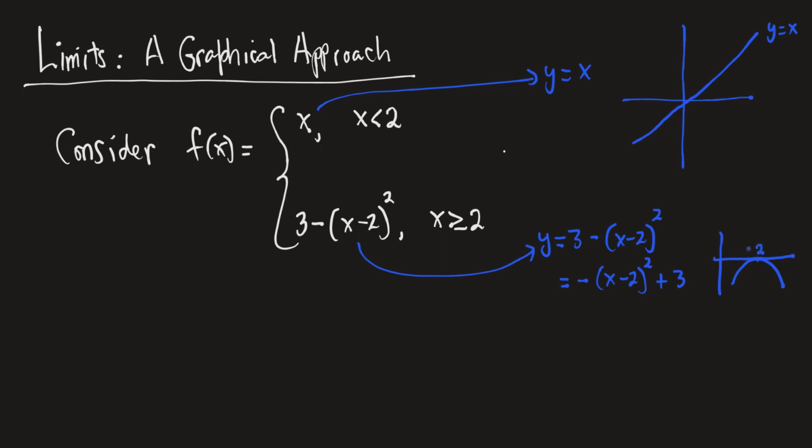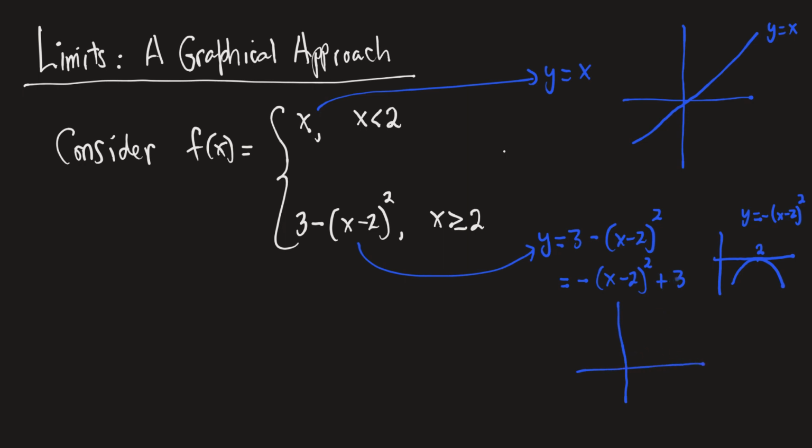So what I've drawn here is the graph of y equals negative x minus 2 squared. If I add the plus 3 now, it's going to shift the graph up 3 units, right? Adding a constant to a base or parent function, if we add a positive constant, it's going to shift that parent function upwards that many units, right? So what does that mean? Well, the graph of this piece, if we were to graph it in its entirety, will look something like this.